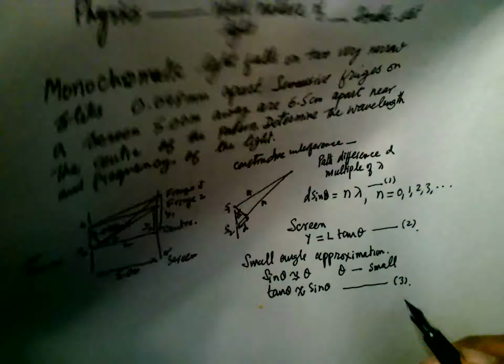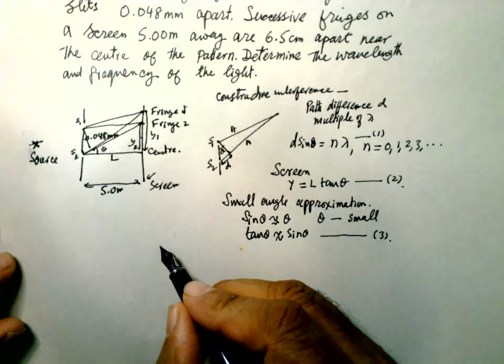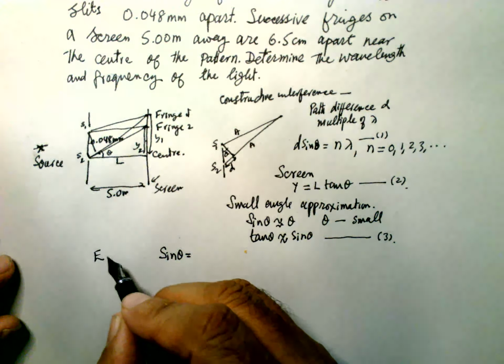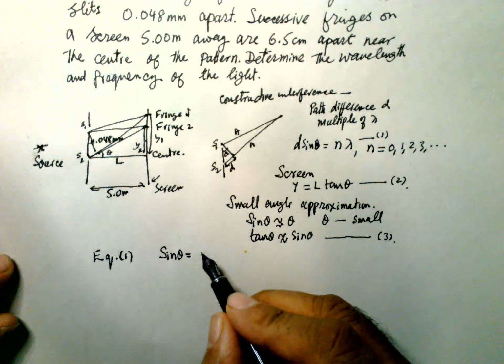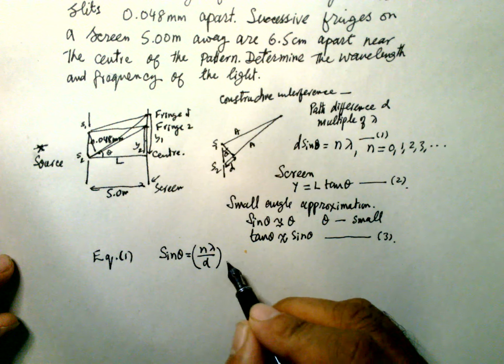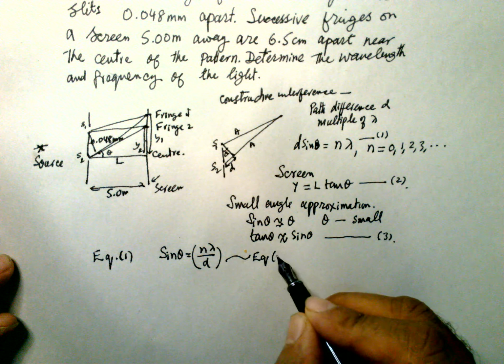So if equation number 3 is true, then we can take sine theta from equation 1, which is equal to n lambda over d. This will go in equation 2.